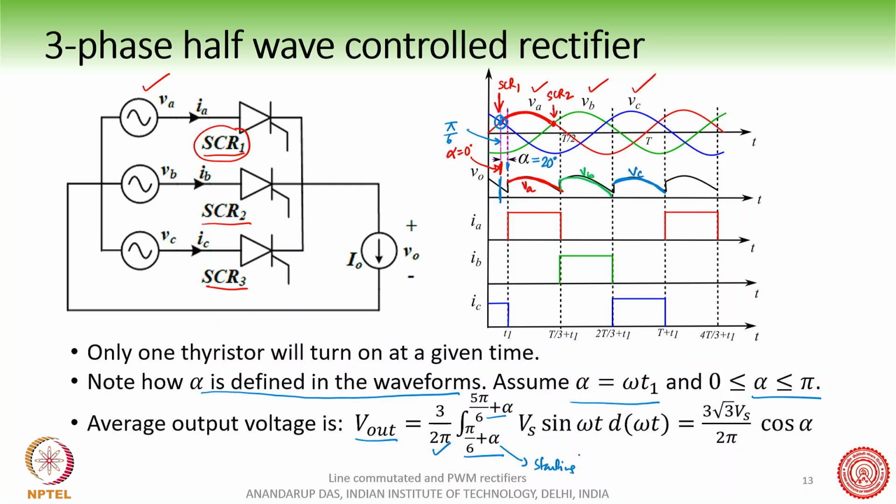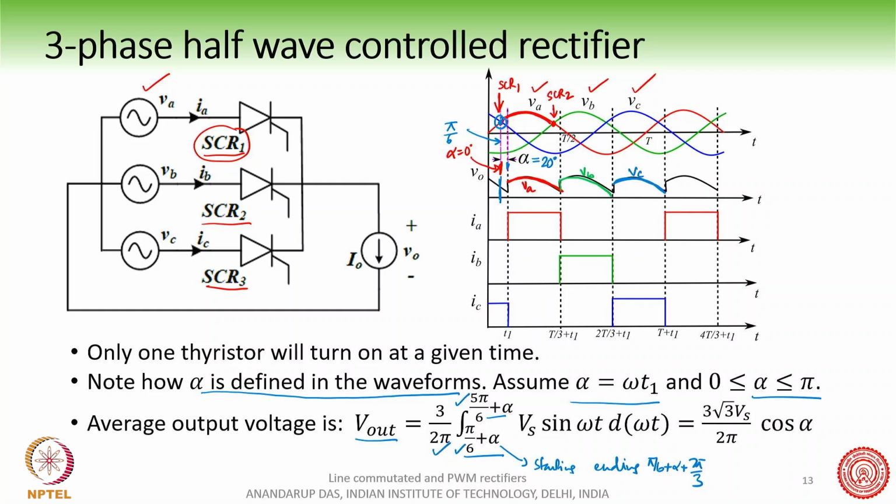What is the ending point? The ending point will be pi by 6 plus alpha plus 2 pi by 3, because each thyristor is going to conduct for 2 pi by 3, or 120 degrees. So starting is pi by 6 plus alpha, ending at pi by 6 plus alpha plus 2 pi by 3, which is 5 pi by 6 plus alpha. This is the ending point and this is the starting point.